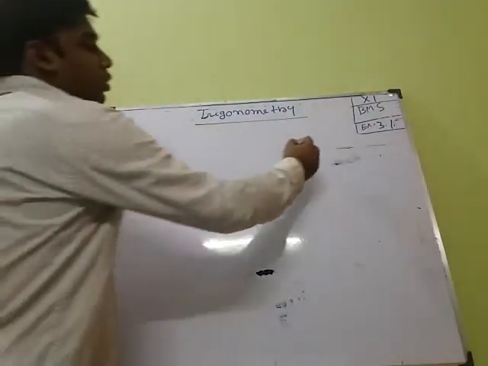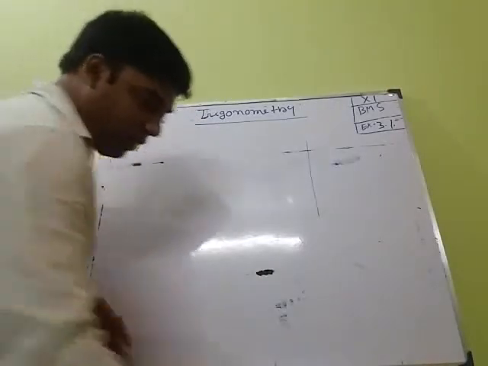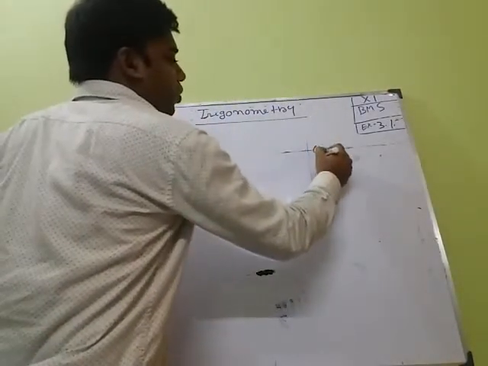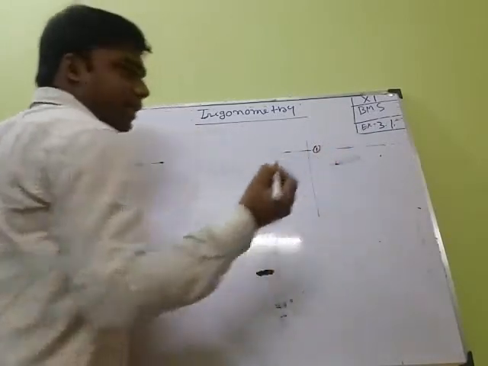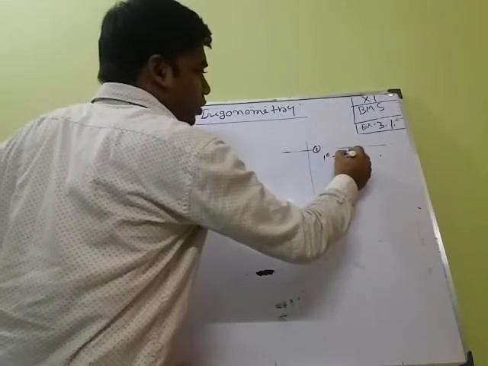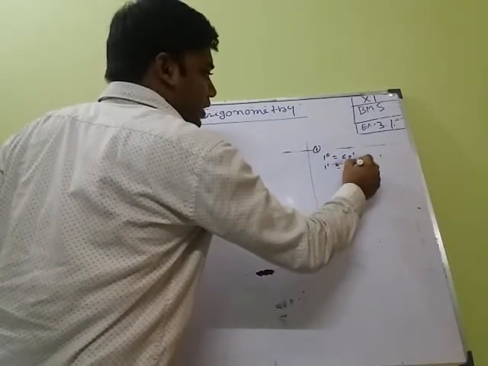There we got some important conversion factors: one right angle equals 90 degree, 1 degree equals 60 minute, and 1 minute equals 60 second.